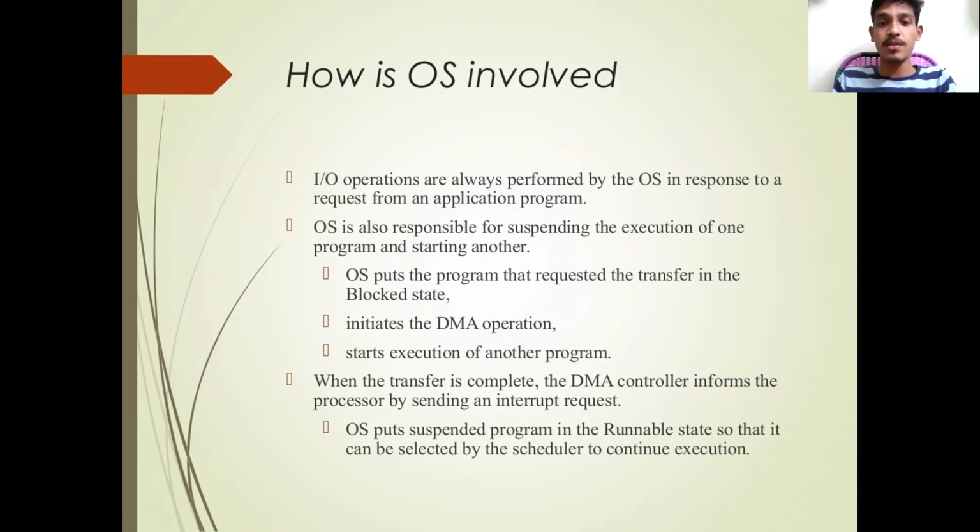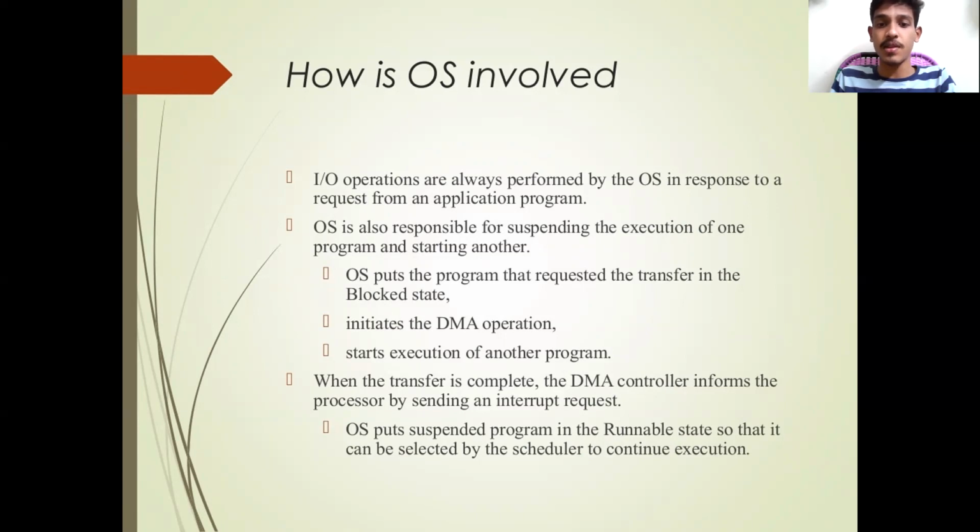The OS puts the program that requested the transfer in the blocked state, initiates the DMA operation, directs the DMA to do the operation, and starts execution of another program. By allocating the transfer to the DMA, it can again start the stopped program later.